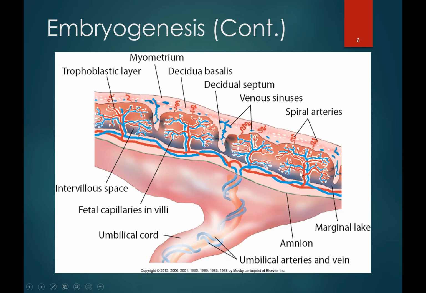So all of these veins and arteries, these little capillaries, and venous sinuses and spiral arteries, they are transporting blood in between the mom and the baby. And here is the amnion and the umbilical cord, the umbilical arteries and vein. It's very vascular.